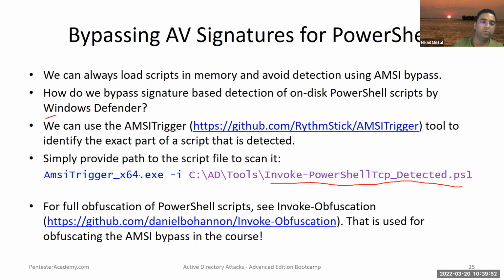If you want to go for full battering ram sort of obfuscation, that is, you want to blindly obfuscate the whole script, see Invoke-Obfuscation. It is a bit dated tool, but still the best thing out there to obfuscate PowerShell scripts. In fact, the MZ bypass and the SB logging bypass that we use in the lab are obfuscated using Invoke-Obfuscation, and it still works absolutely fine.